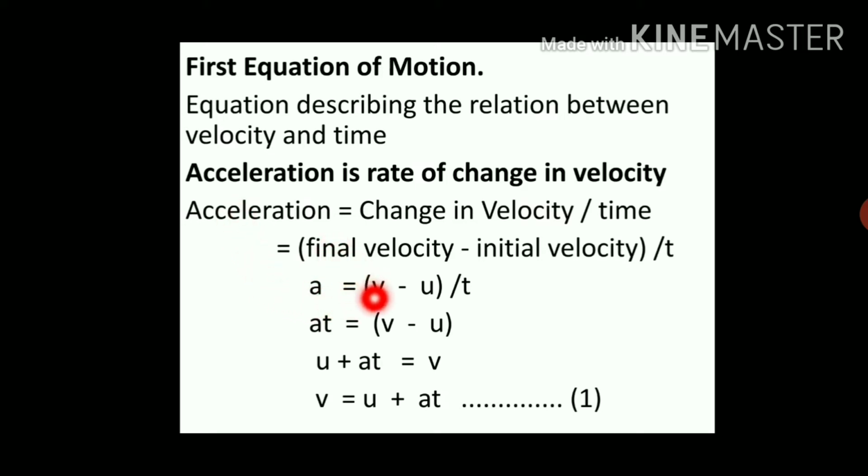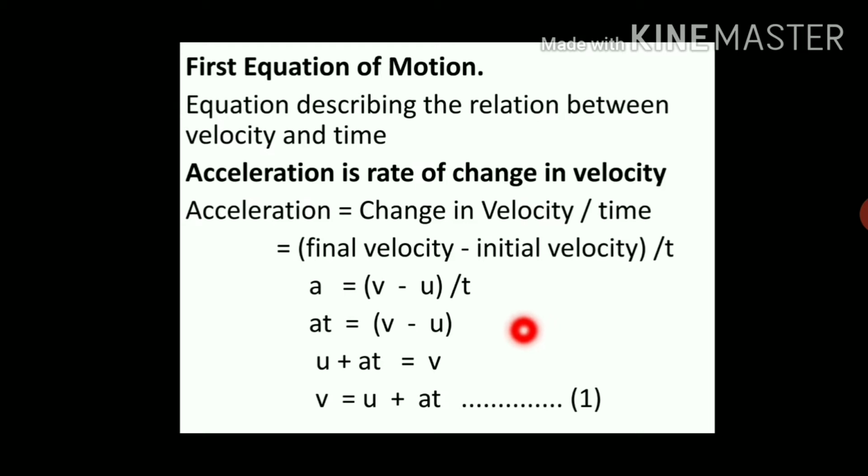For final velocity we are going to use v, and for initial velocity of the object we are going to use u. t indicates the time taken to change the velocity, and therefore by using these letters we obtain a is equal to v minus u upon t, and therefore at is equal to v minus u, that is u plus at is equal to v, and therefore our resultant equation becomes v is equal to u plus at.